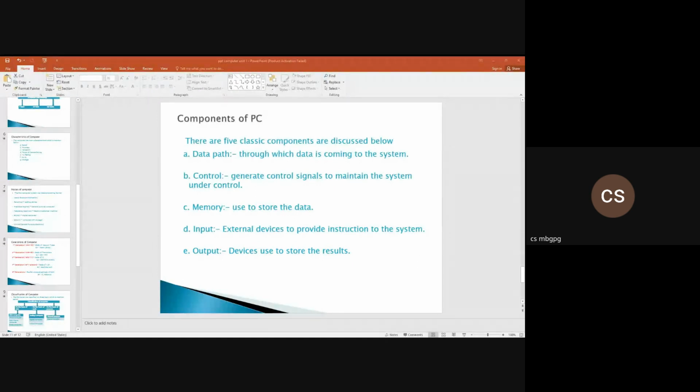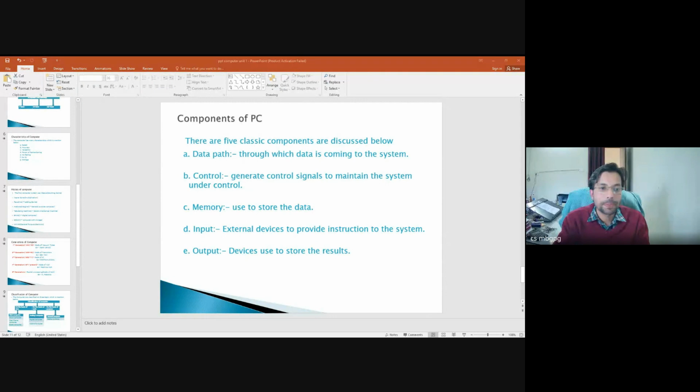So the memory unit is an important component of the computer, where all the data and information are stored. In which form? All the data is stored in the form of your binary digits, that is in your binary representation form, in zeros and ones.